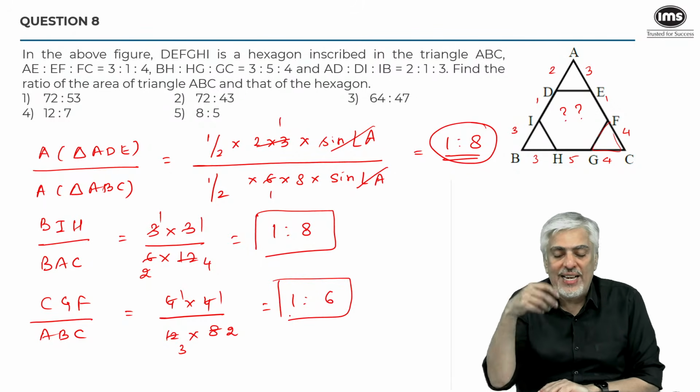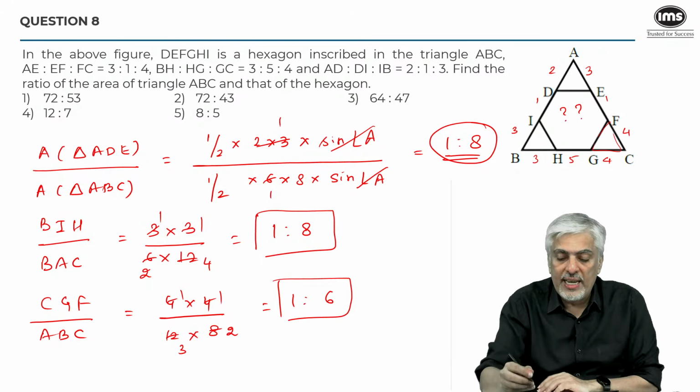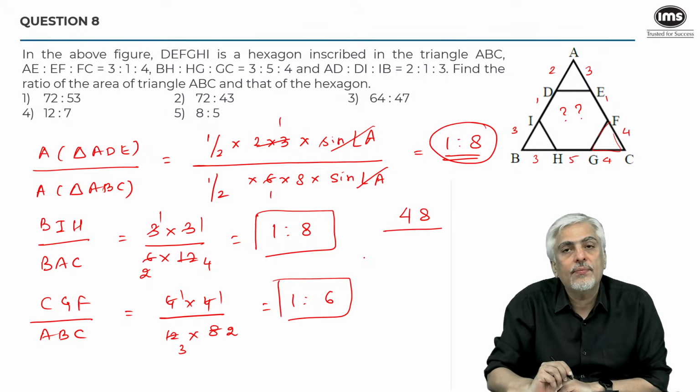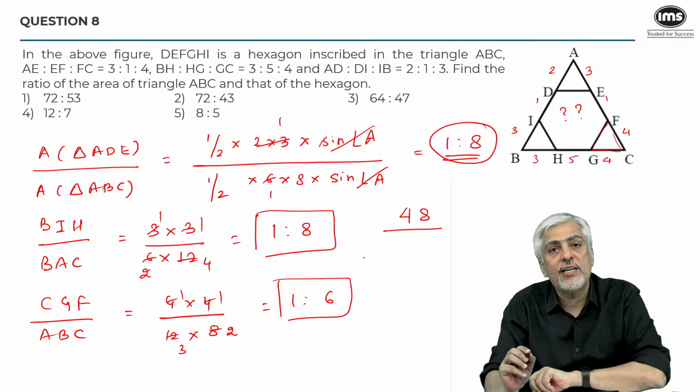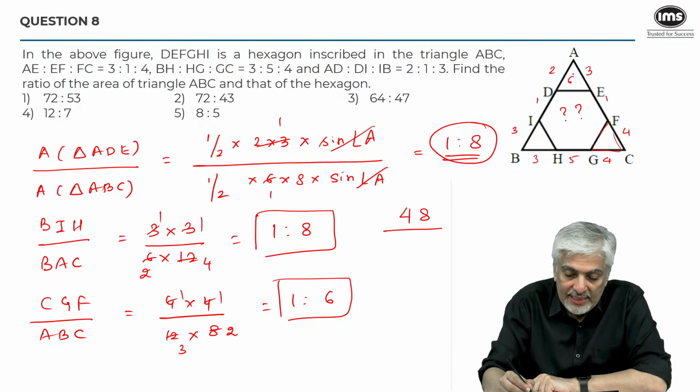Okay, LCM of 8 and 6 is 24. You can take 48, doesn't matter. If you took the area of the full triangle as 48, area of the first triangle would have come 6, area of the second triangle would have also come 6, area of the third triangle would have come 8.